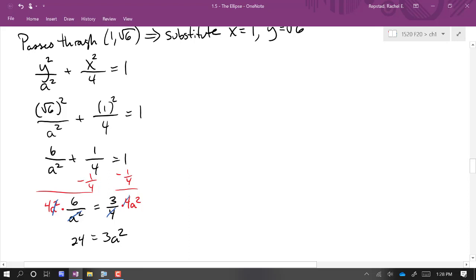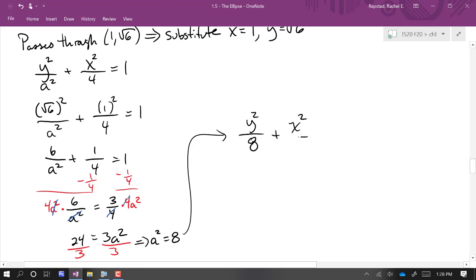And now it's all over but the shouting. Dividing by 3, we get a squared equals 8. And so now we can finish writing our equation. Y squared over 8 plus x squared over 4 equals 1.